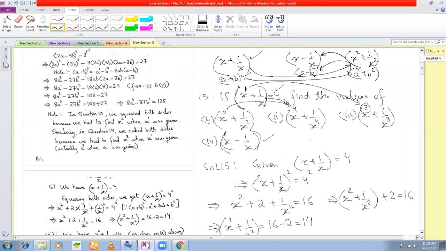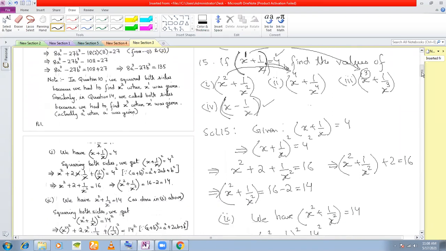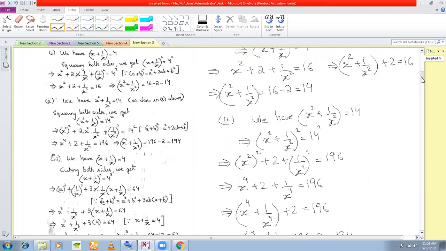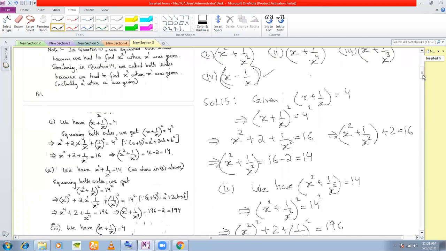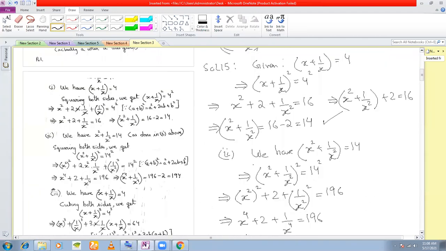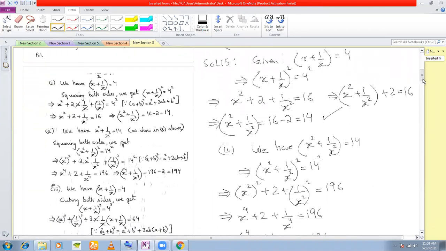So given x plus 1 by x, we first find x square plus 1 by x square. But here in this problem, luckily we already know the value of x square plus 1 by x square.